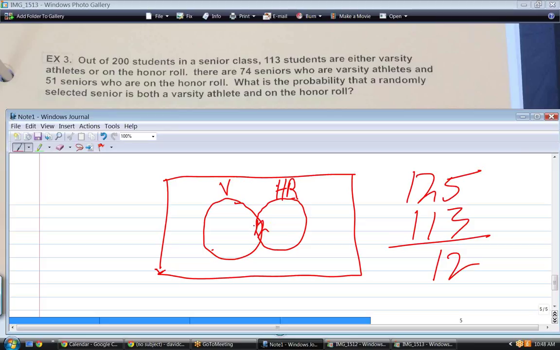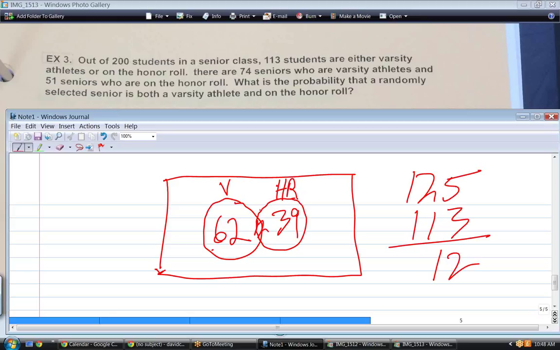There are 62 here. And there are 39 here. In other words, that should total 125. Or, I did my math wrong. Let's see, 74 minus 12 is 62. 51 minus 12 is 39.